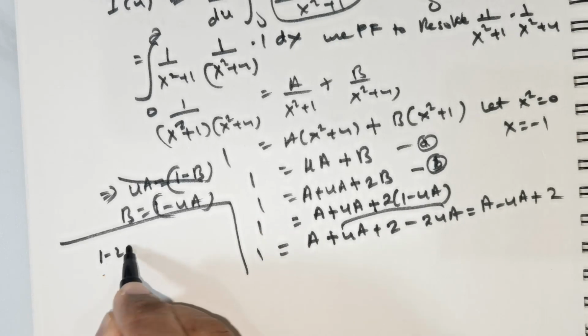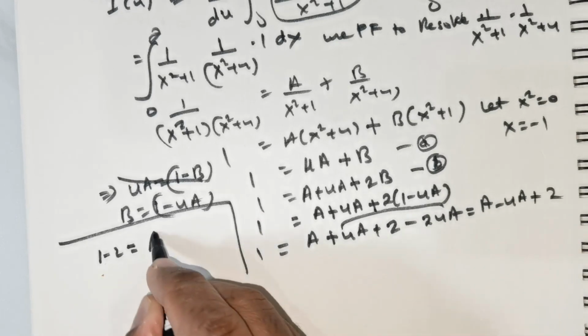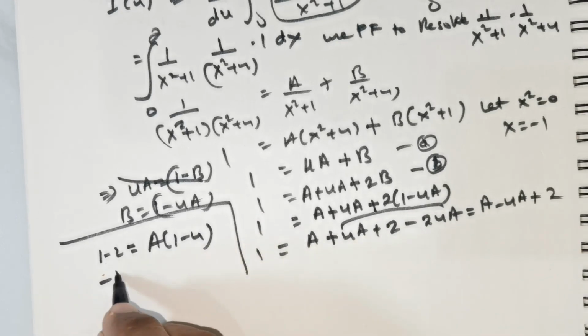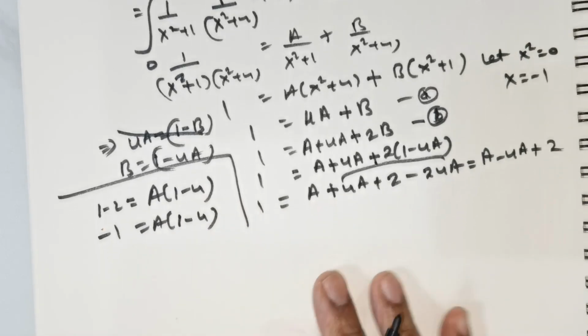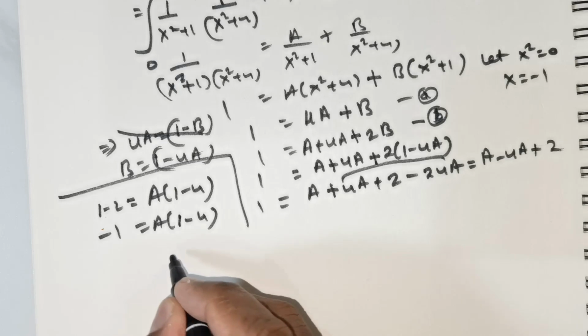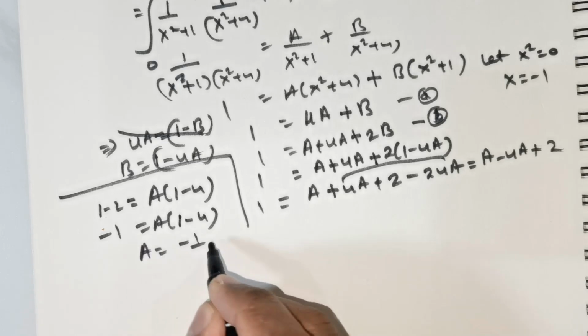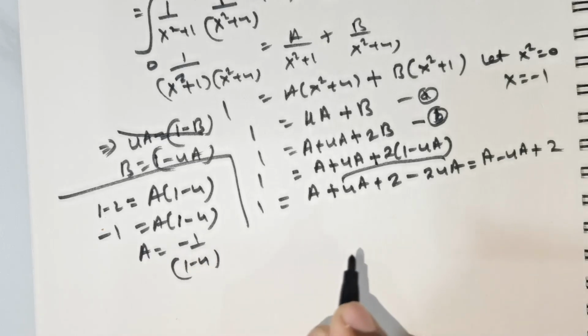So it's going to be 1 minus 2. A can be taken out. I get 1 minus u. This is minus 1 is equal to a times (1 minus u). This is what I have got. Therefore, I can write a to be minus 1 over 1 minus u.